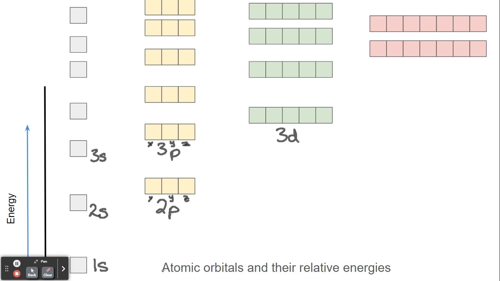These are also n equals 3, but this time l equals 2. So these are the 3d orbitals. Remember, these are the ones with the weird combinations like x squared, y squared, xy, etc. There are 5 different combinations for those. So in the n equals 3 energy level, you can have 1, 2, 3, 4, 5, 6, 7, 8, 9, 10, 11, 12, 13, 14, 15, 16, 17, 18 possible electrons.